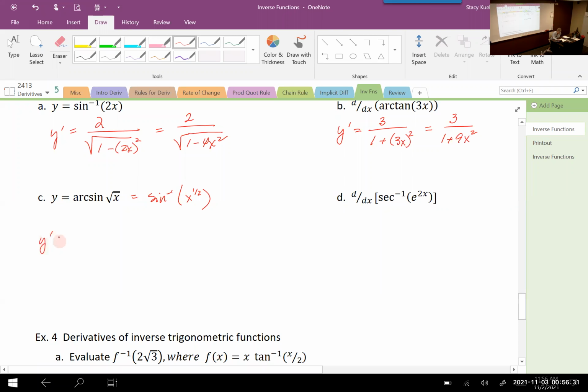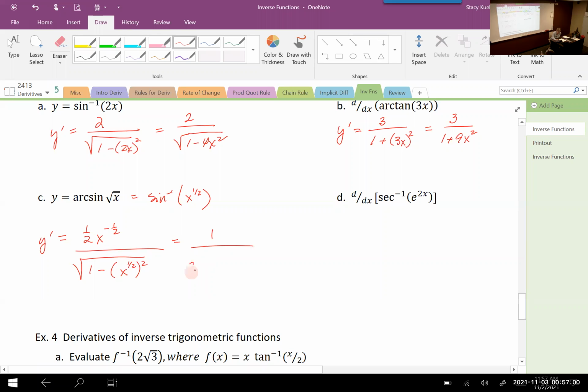So the derivative of x to the 1/2 is 1/2 x to the negative 1/2, divided by the square root of 1 minus x to the 1/2 squared. Now we need to clean it up. So all of that except the 1 moves to the denominator.